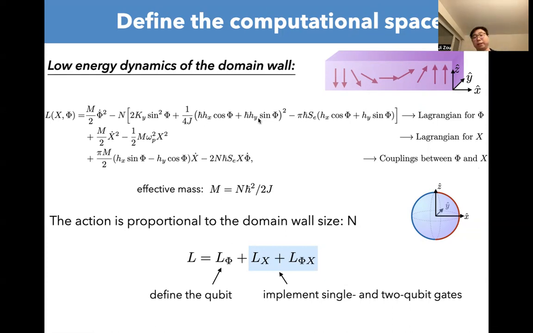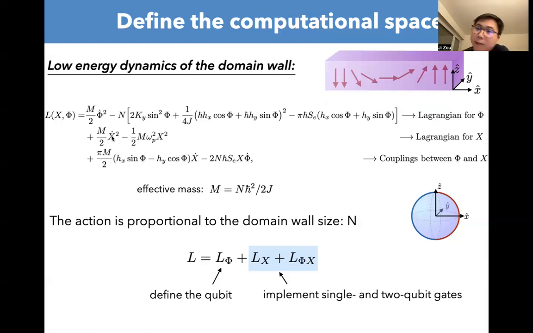The second term is the easy plane anisotropy due to the applied magnetic field. It turns out that with the energy scales we assumed before, this term is much smaller compared with the first and the last terms, so we will neglect it in our later discussion. The last term again is the Zeeman coupling.